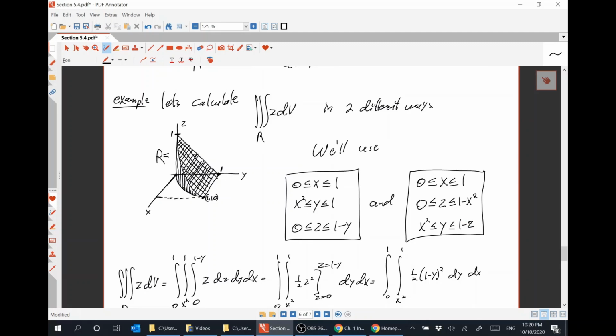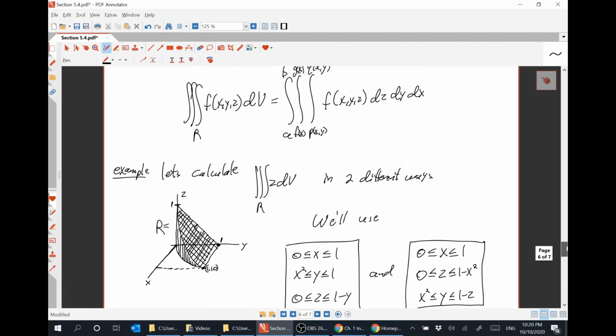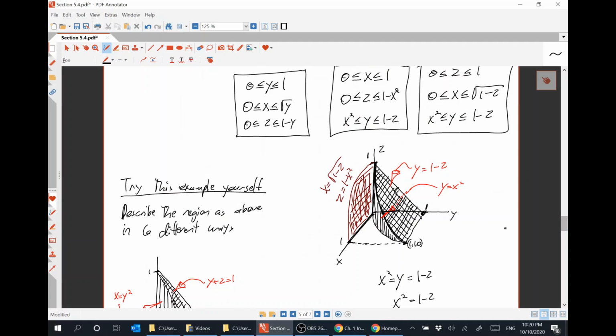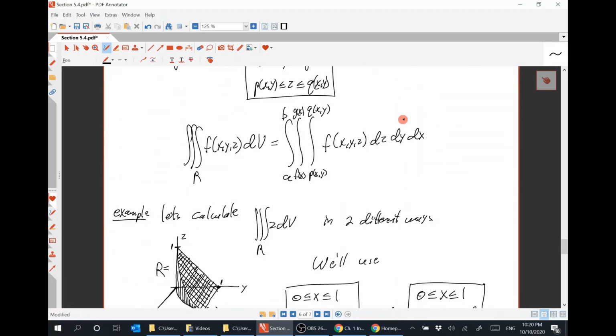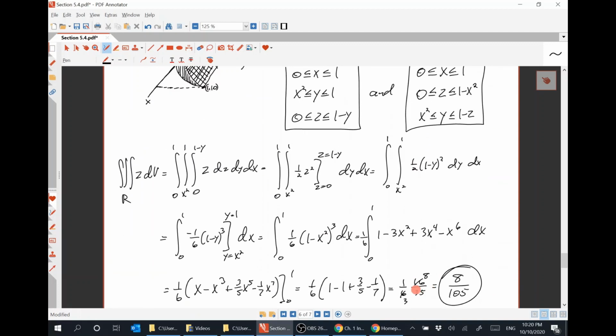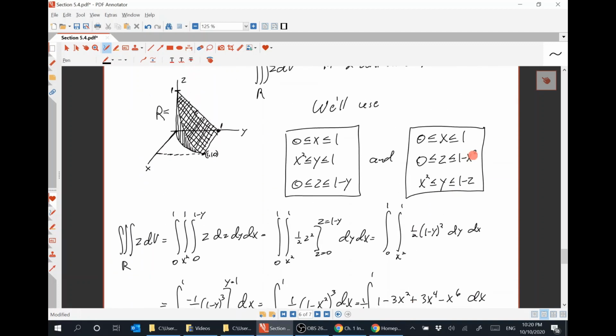So for this second region, there's a little mistake up here. I wrote 1 minus x. It's supposed to be 1 minus x squared, of course. I just wrote 1 minus x inadvertently. So it's 1 minus x squared here.